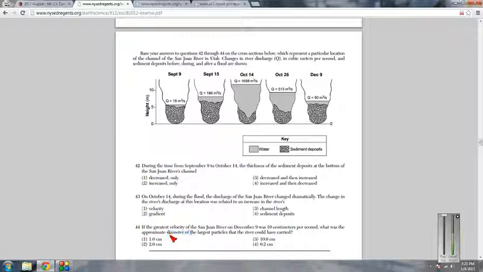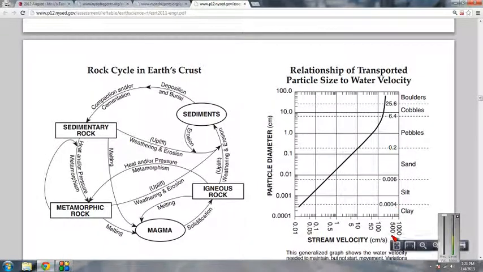Just so you know, diameter is the longest distance, typically measured in a sphere, from one side to another, going straight through the middle. Okay, it's the longest point. So we find our 10 centimeters per second on our reference table, and if you come over here, we find our stream velocity. It's in centimeters per second as well.